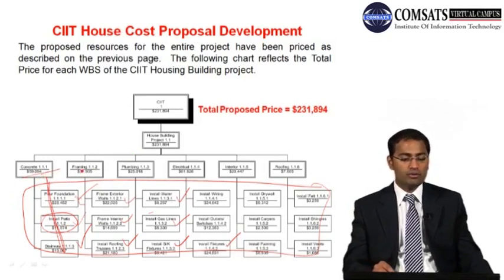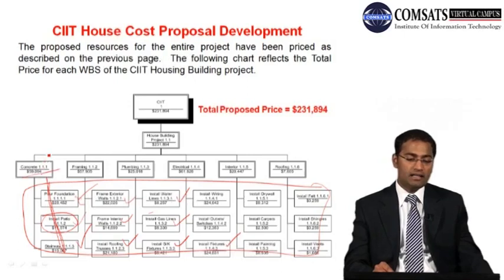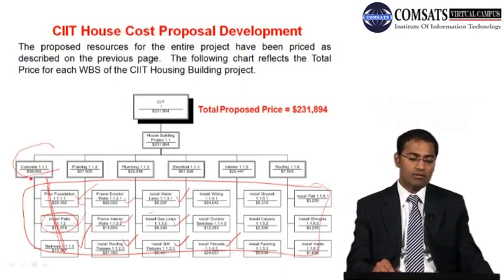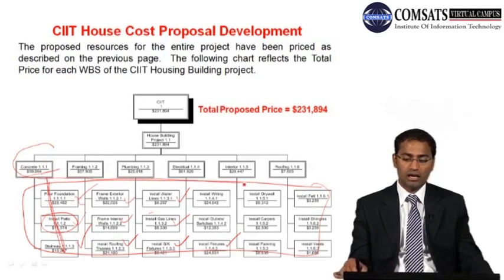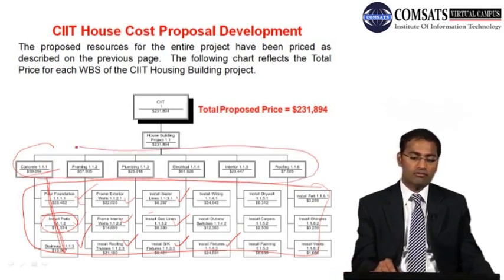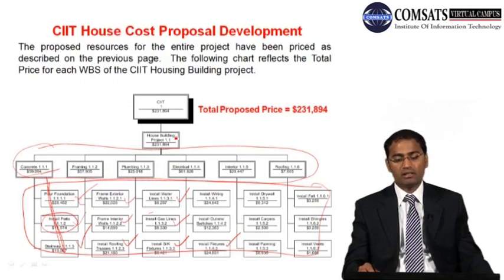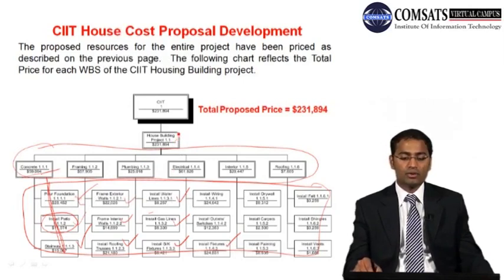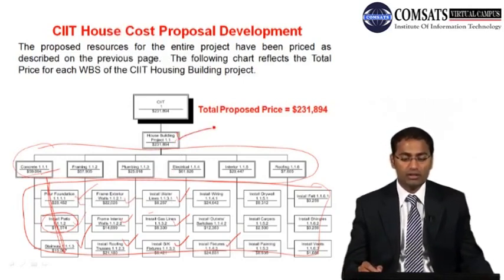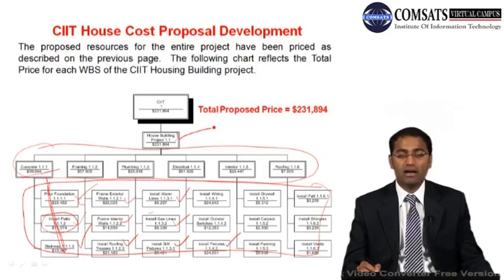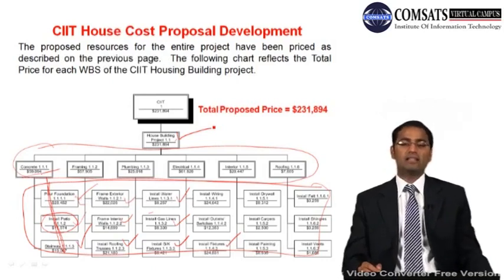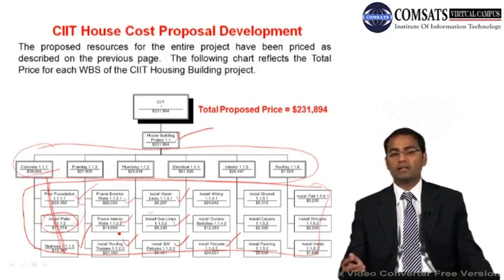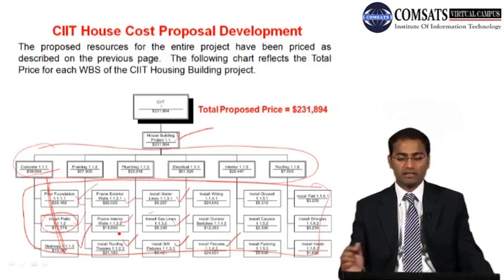Okay, so now we do have that, and by adding the prices of all the control accounts, and those are 6, we come across the price of our project, and that is 231,894 US dollars, and that is the cost of the program, assuming this program is having only one project at this point in time.